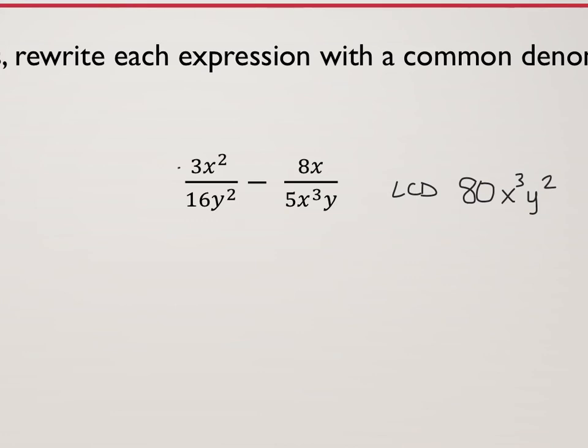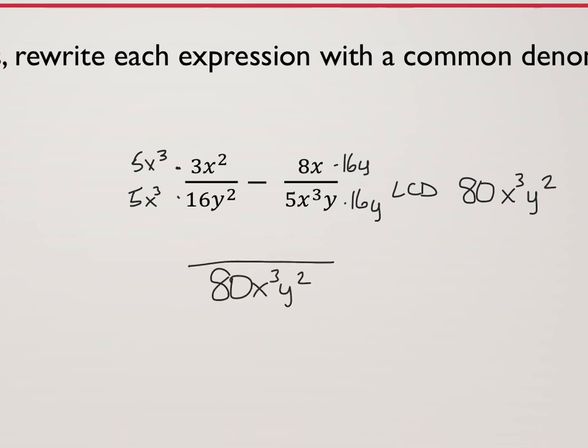So in this first fraction, to get that on the bottom, I'd have to multiply by 5x cubed. And when I do the bottom, I must do the top. And in this one, I'd multiply by 16 and y to get the y squared. And when I do the bottom, I must do the top. So then I would keep that denominator.